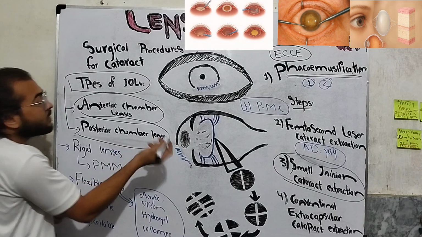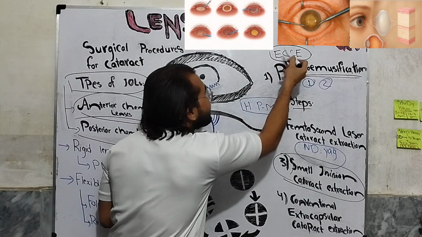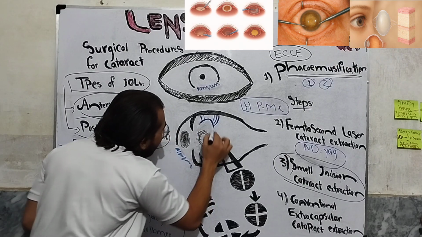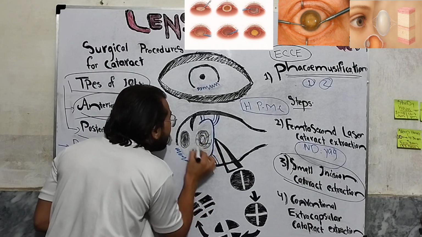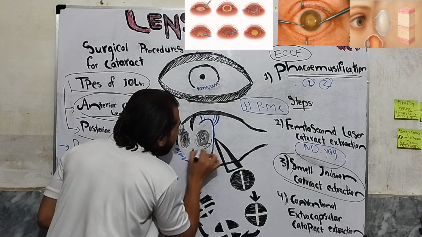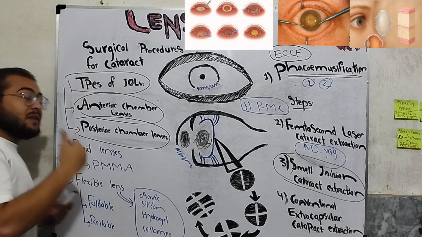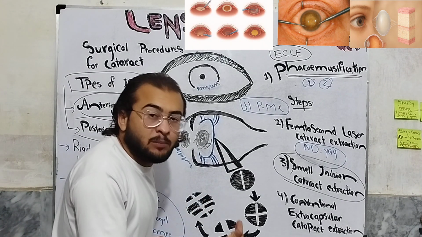And we have the posterior chamber lens, which is used in extracapsular cataract extraction, in which there is a capsular bag. In this capsular bag, we keep the intraocular lens. Now, the lenses can be rigid lenses and flexible lenses.